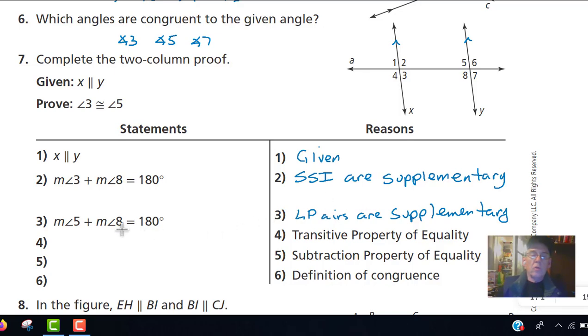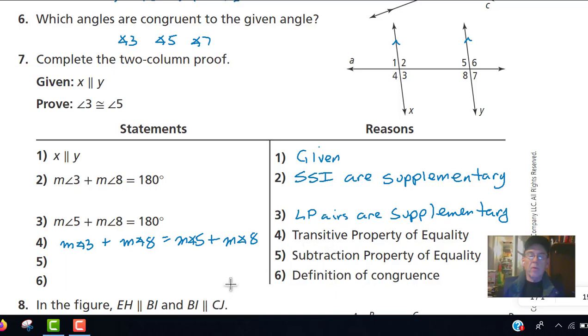So let's see what we can do with this. We have that in number 2, those two angles equal 180, and number 3, those two equal 180. So basically we can set those equal to each other and say that the measure of angle 3 plus the measure of angle 8 is equal to the measure of angle 5 plus the measure of angle 8.